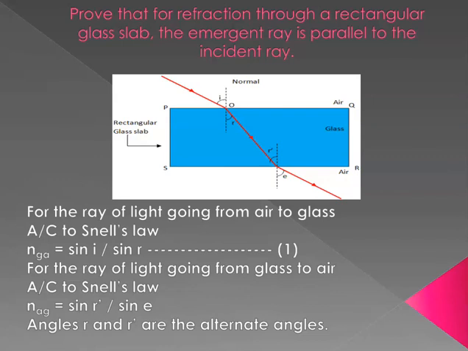For the ray of light going from glass to air at the second refracting surface SR, according to Snell's law, refractive index of air with respect to glass, nAG, is equal to sin R dash by sin E. In this figure, both the normals are parallel to each other and one transversal line is there, so R and R dash are alternate angles, so R and R dash are equal.